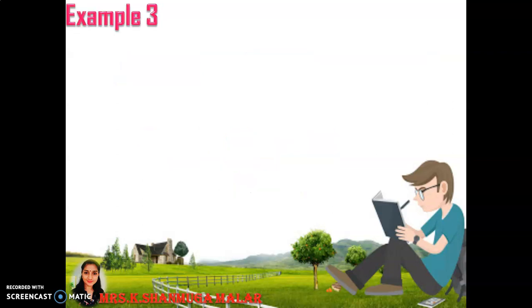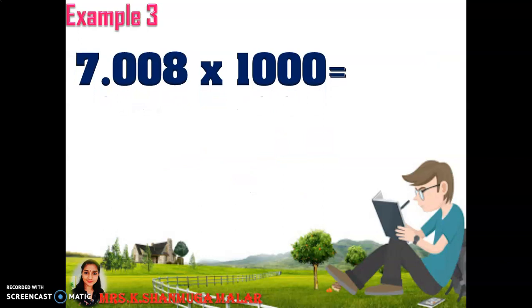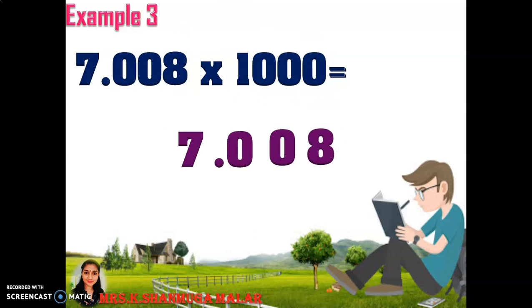Let us see the last example. 7.008 times 1000. What is the first step, students? Very good. We must write the decimal number. Then look at the 1000. How many zeros in the 1000? 1, 2, and 3.